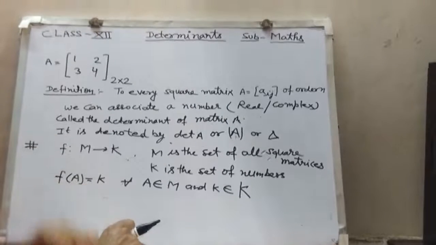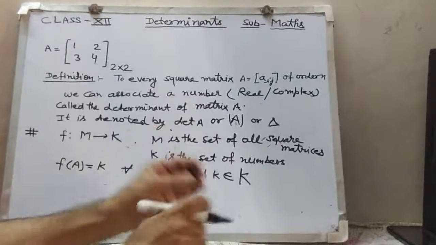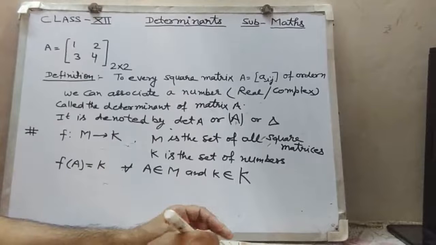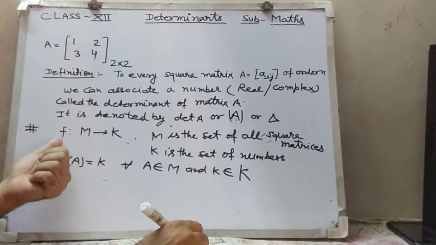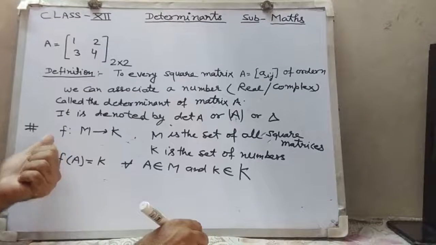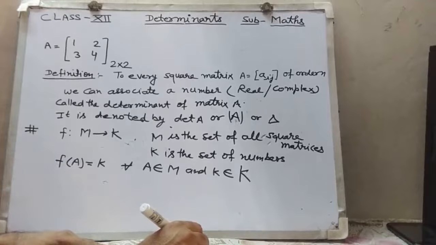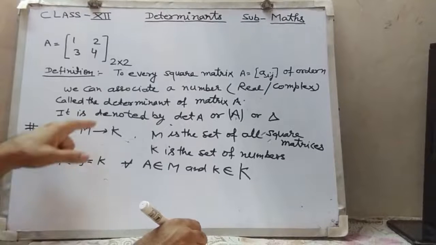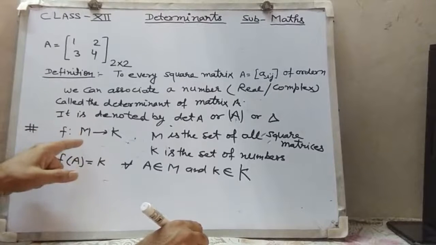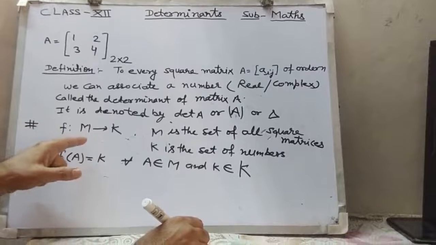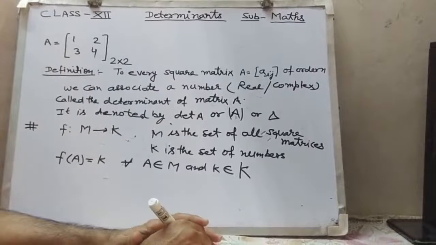Now we come on the definition of function. As the definition of function says, function is a relation in which every element of first set has its unique image in second set.